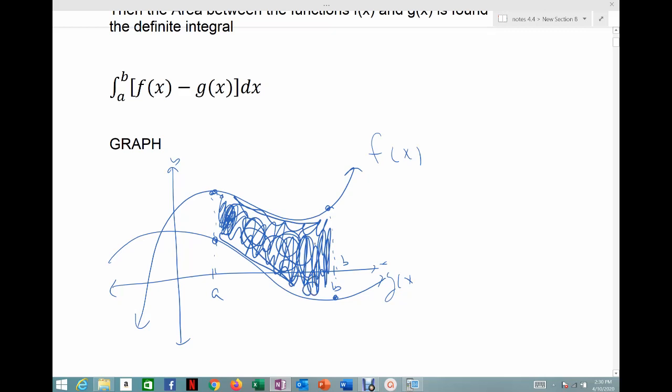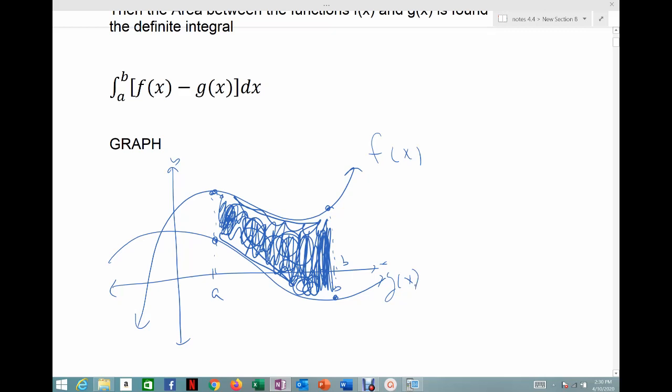Alright, so I can't find this directly, because the fundamental theorem of calculus is accumulation under my function with the x-axis. Well, I want to know what the accumulation is between my two function values. And the process to do that is, I take the bigger function and subtract away the littler function, and I am in essence creating a whole new function.